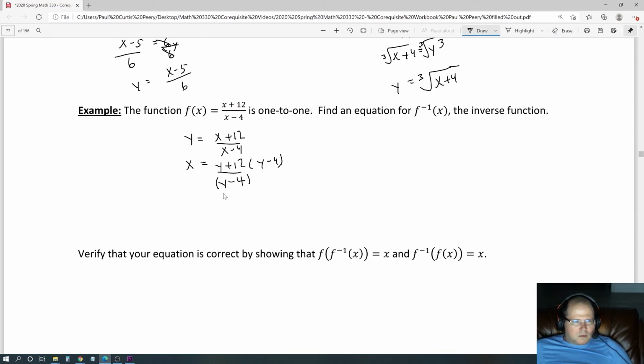These cancel out. I'm going to rewrite this as x times y minus 4 because I'm going to distribute, and that will make it look a little neater. So x times y is xy, and x times negative 4 is negative 4x equals y plus 12.